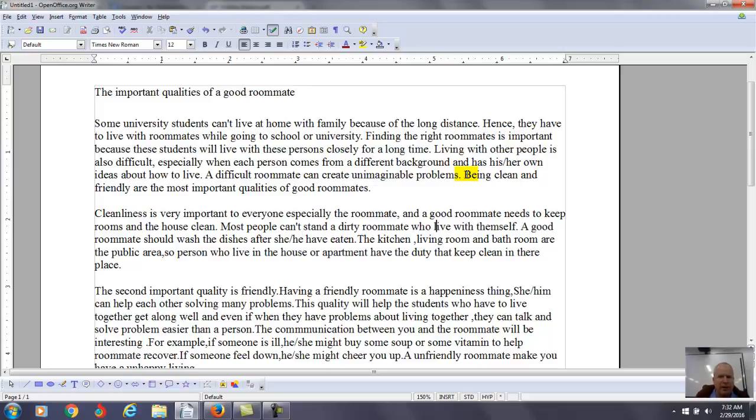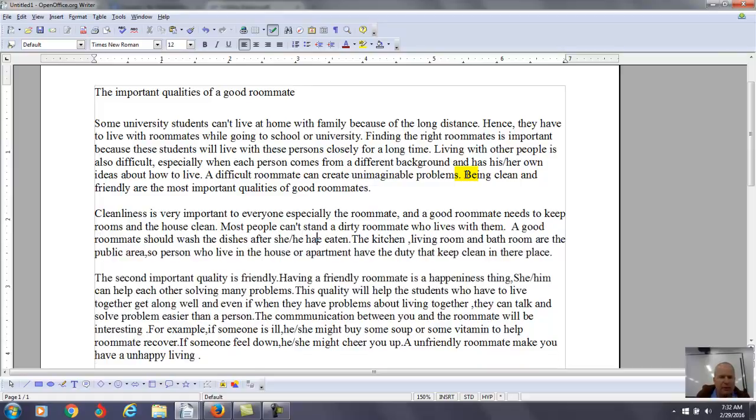Let's do that. Give you an adjective clause here so you avoid having those double verbs in there without the connector. Most people can't stand a dirty roommate who lives with them. A good roommate should wash the dishes after he or she has eaten.